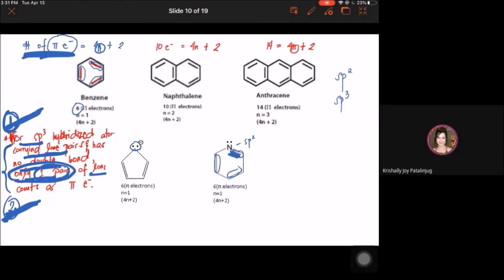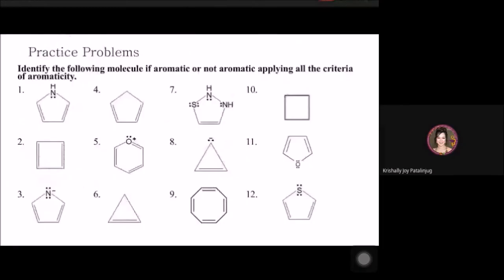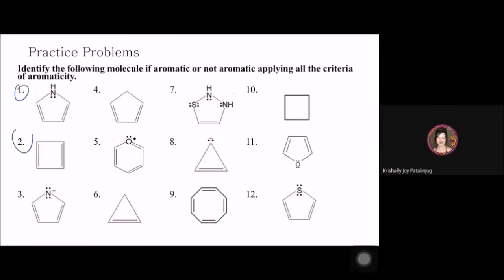Okay, let's try the following. My answer is number 1. Let's have number 2, 3, 5. Then the remaining ones I will transfer to a Google form for assignment 4.